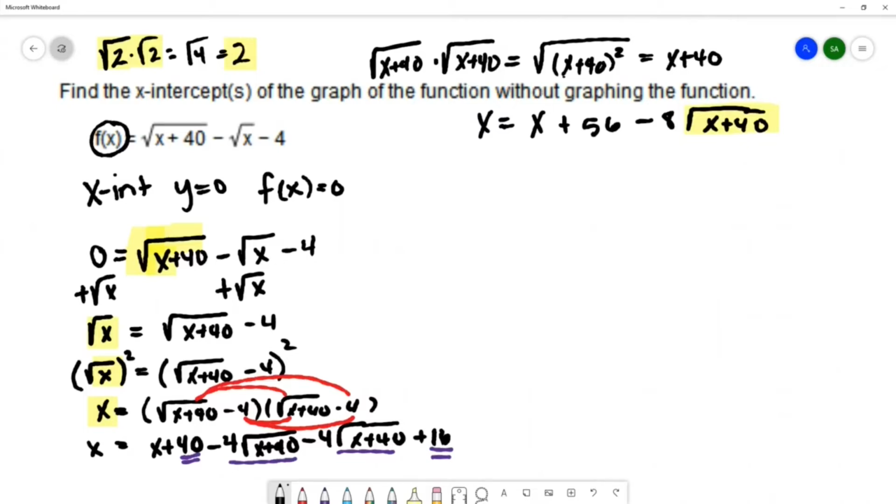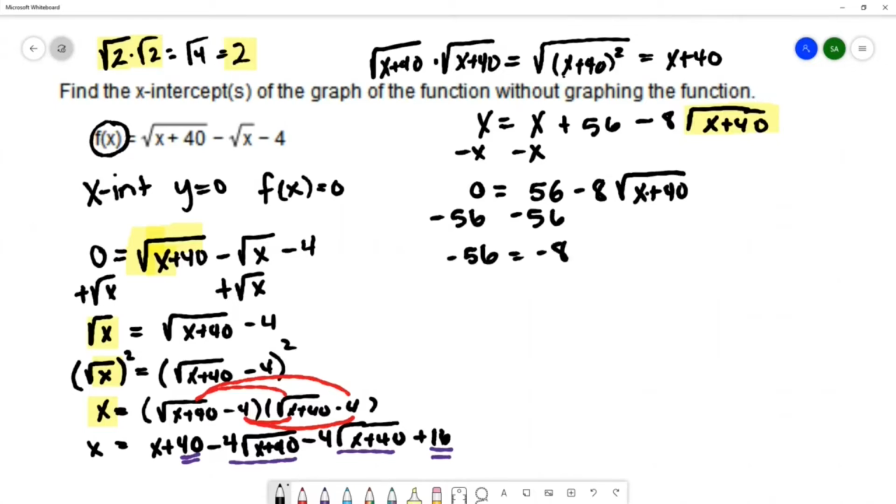I'm going to start isolating by subtracting x on both sides, and that gives me 0 on the left. I'll subtract 56. Negative 56 equals negative 8 square root of x plus 40. Divide by negative 8, and that gives 7 equals square root of x plus 40.